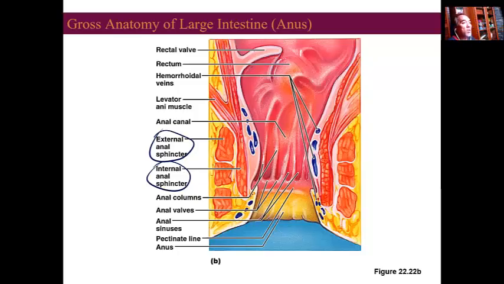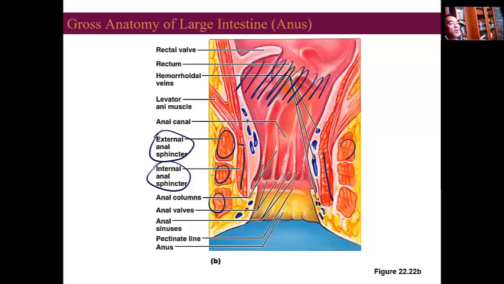When the rectum senses fullness, it tells the brain to open up the sphincter, so the internal anal sphincter opens. But the good thing is you have the external anal sphincter, which is under your control. That allows you to prevent an accident and run into the toilet. And that's what the anus is.